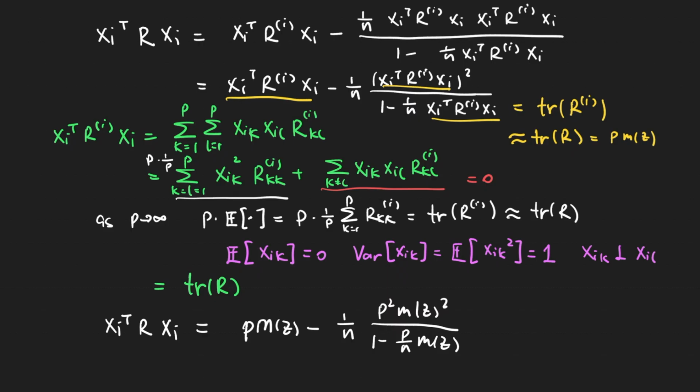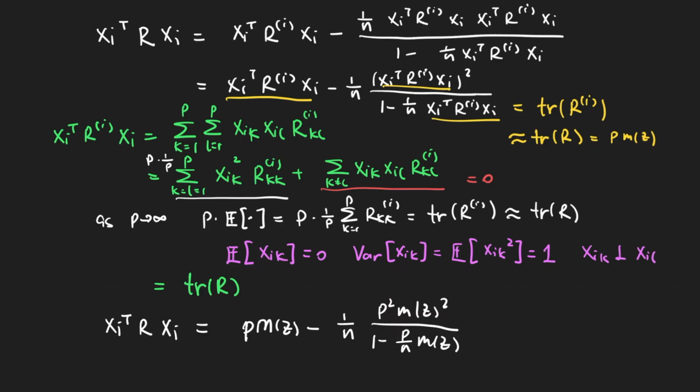This is super nice, right? Because we finally have a formula that involves m of z, which means we can bring everything together to get the equation involving m of z, from which we can solve for the Stieltjes transformation of the density.